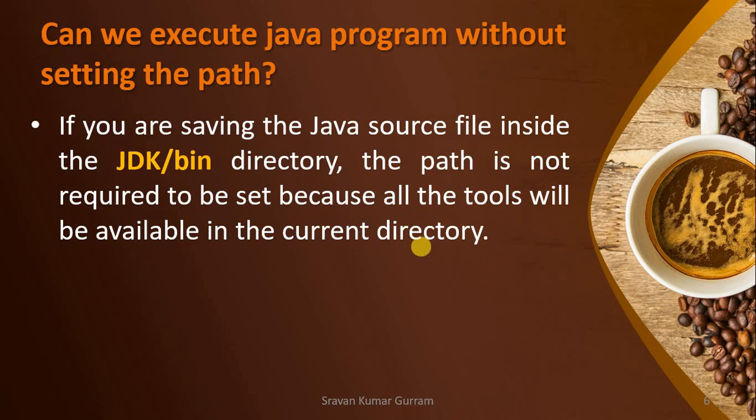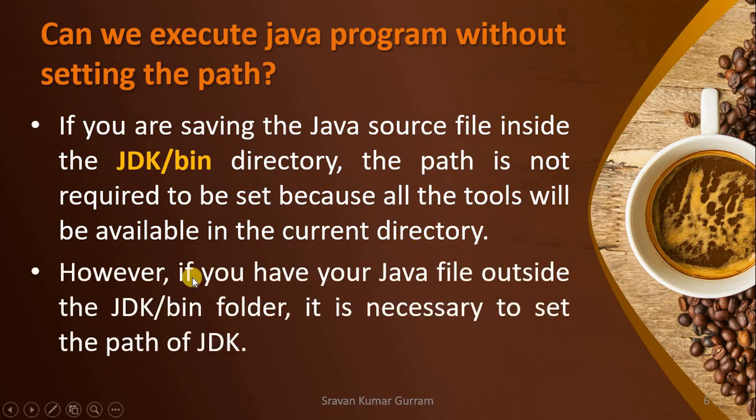Just now we have seen where all the tools are available, in the JDK folder, in the bin folder. If you save your source code file in that location, no need to set the path because in that path only all the tools are available. However, if you have your Java file outside the JDK and bin folder, it is compulsory to set the path for the JDK.